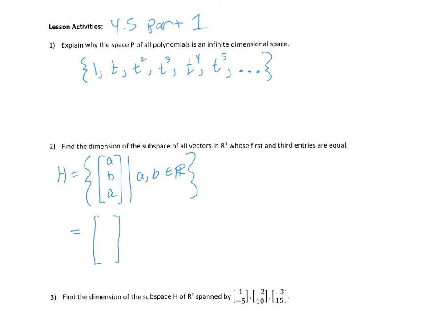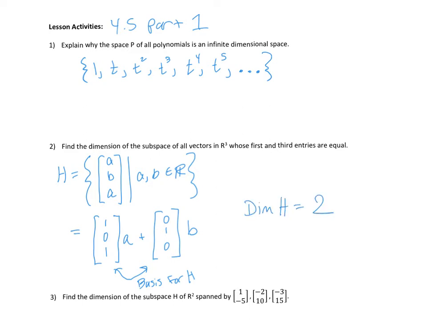So I would need (1, 0, 1) times a plus (0, 1, 0) times b, and these two vectors form my basis for H, which means the dimension of H is 2.